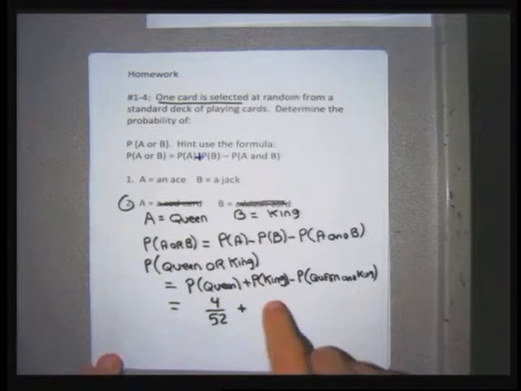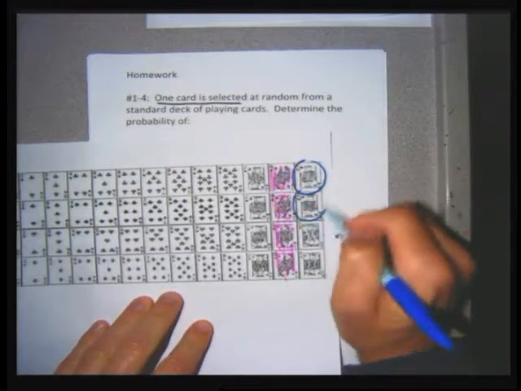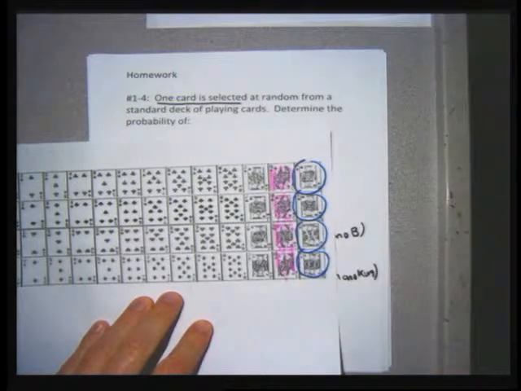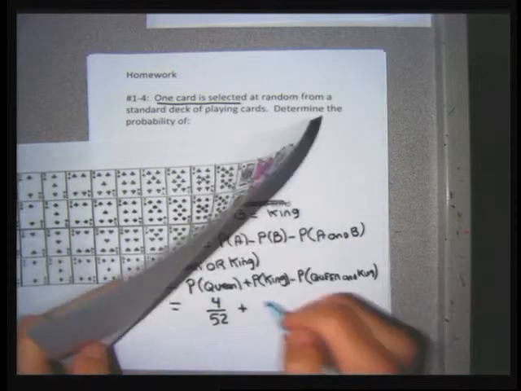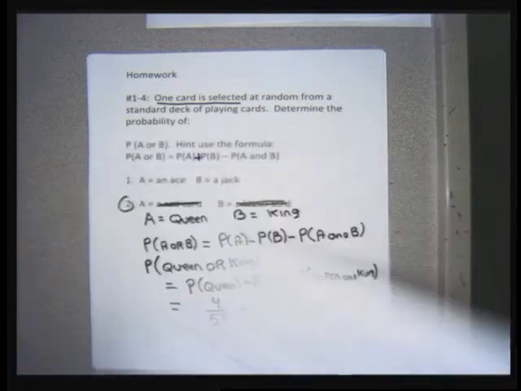The next probability I need to compute is the probability of getting a king, and the probability of getting a king is going to be the same, 4 over 52, because there's 4 kings in a deck of cards. So I've done 2 of the 3 probabilities.